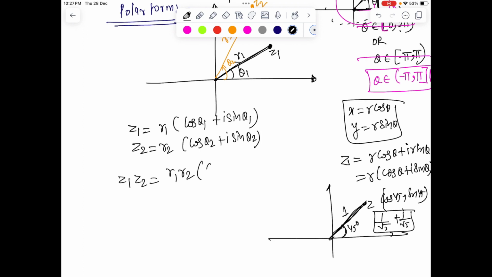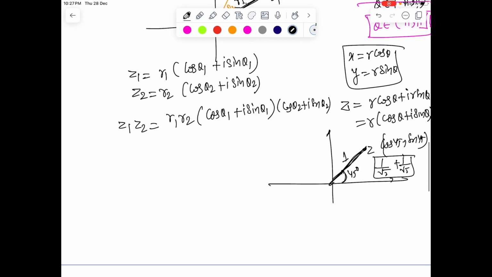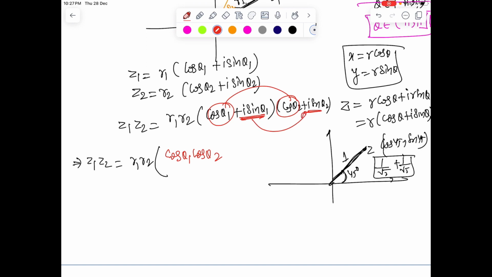So clearly we can do the same multiplication: r1 r2 (cos theta 1 plus i sin theta 1) into (cos theta 2 plus i sin theta 2). And now very nicely you can see z1 z2 is going to be r1 r2. So cos theta 1 is going to multiply with cos theta 2, so we'll have cos theta 1 cos theta 2, and i sin theta 1 will hit i sin theta 2, that will give minus sin theta 1 sin theta 2, because i square is minus 1.